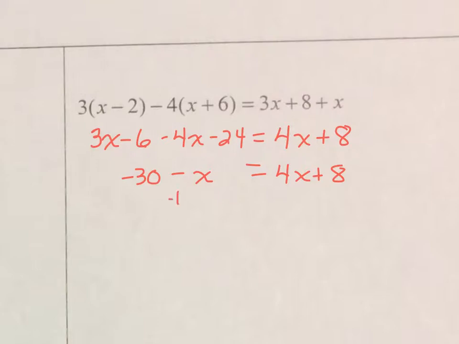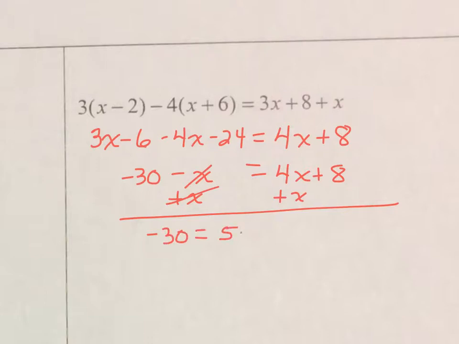So we're going to add x to both sides to put our x's on the right. Those cancel. So now we've got negative 30 equal to 5x plus 8. Then what? Okay.